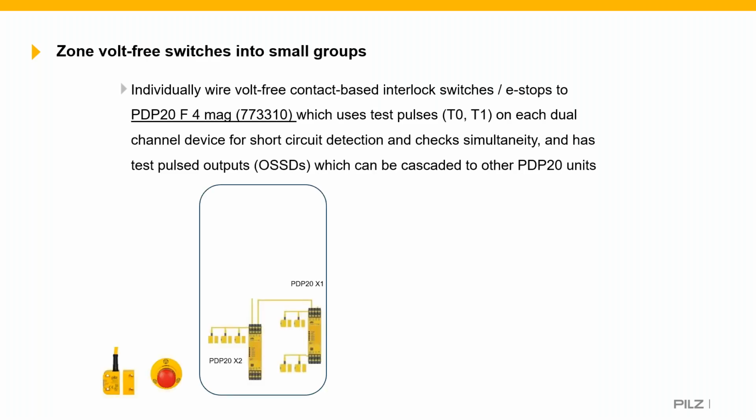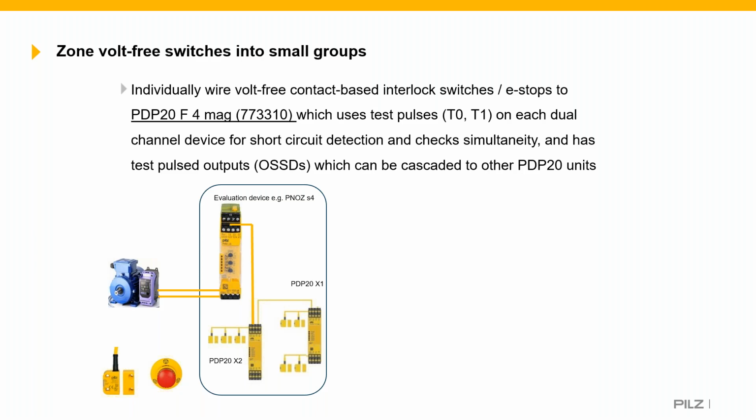So if we look at our machine, we've got X1, which is looking at 4 individual switches to make sure they're all healthy, and the output is going to the inputs of X2, which then has 3 switches wired into it, and the output of which, OSSDs, is then going to the safety relay, which is then used to control the main access on the machine.